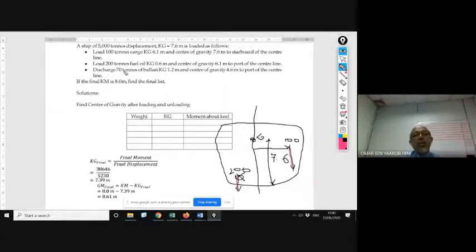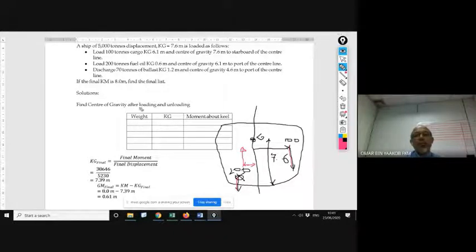Then you discharge 70 ton, KG 1.2, center of gravity 4.6 to port. So it is somewhere here. Since it is discharged, we put the arrow that way, as if we've lifted out the weight. If you add, the weight is pushing down. So this distance is 4.6, and this height is 1.2.